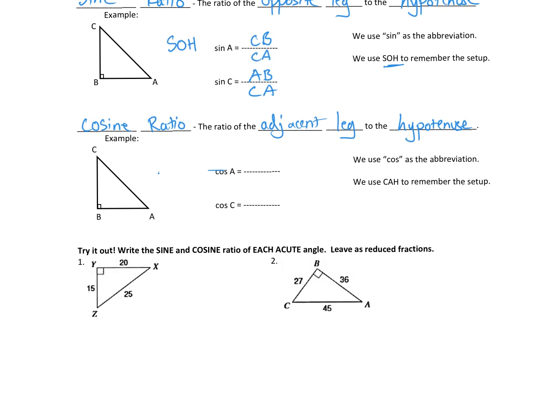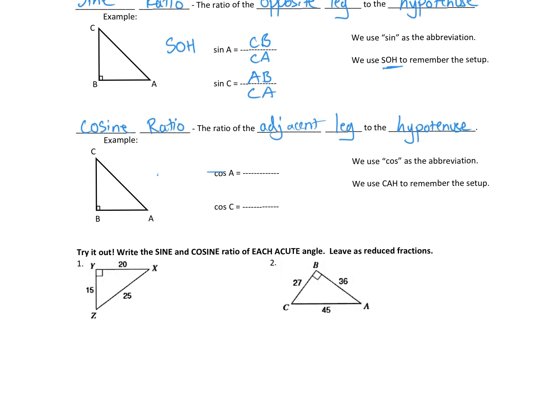Next, our cosine ratio is the ratio of the adjacent leg to the hypotenuse. So in cosine, we use CAH, which is adjacent over hypotenuse.